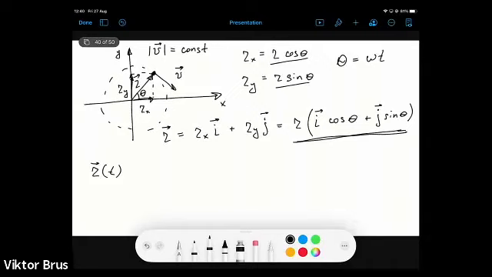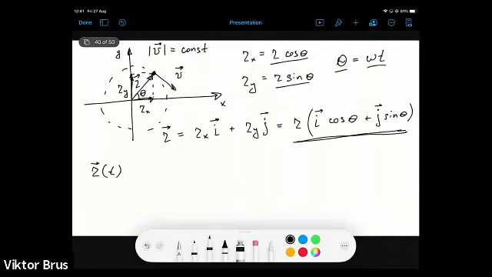Angular velocity is radian per second. If we multiply it by time, second and second will cancel each other out. There will be only radians, that is angle theta. So this is how we can go from the equation which defines just the position at some random moment of time to a time-dependent function by substituting theta with the expression omega times t.